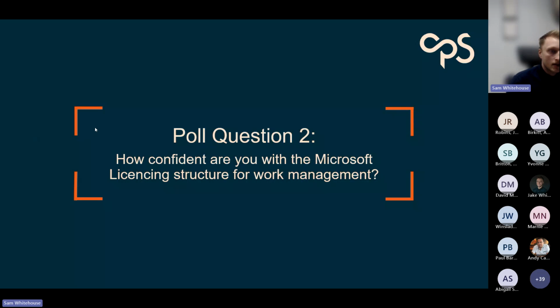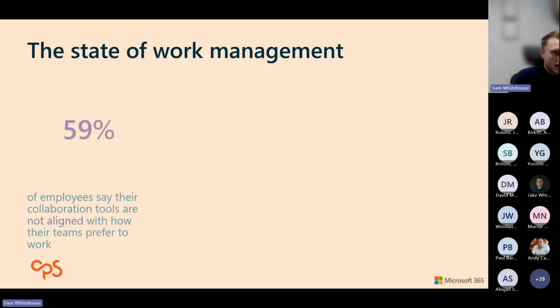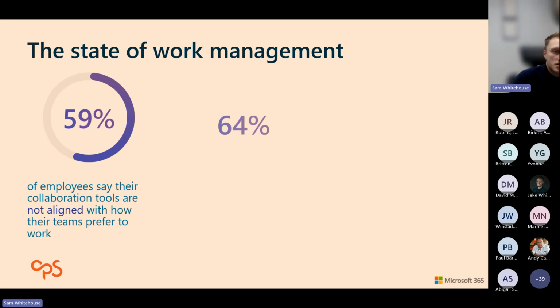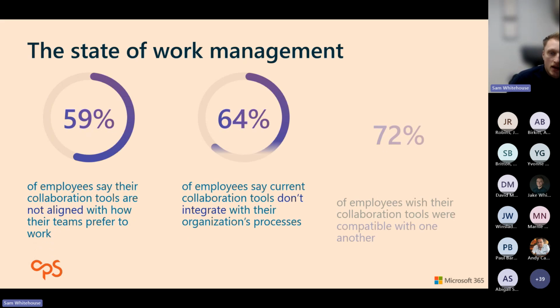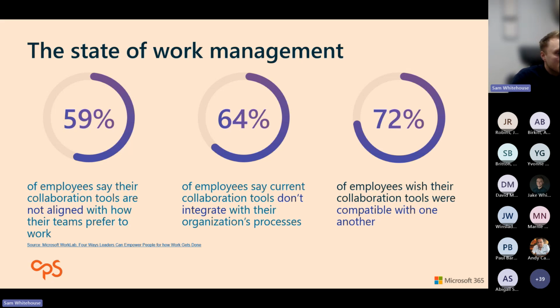Okay, cool. So if we talk about the state of work management, there are some stats that Microsoft have produced around this. 59% of employers say their collaboration tools are not aligned with how their teams prefer to work. What that means is each team is different, right?